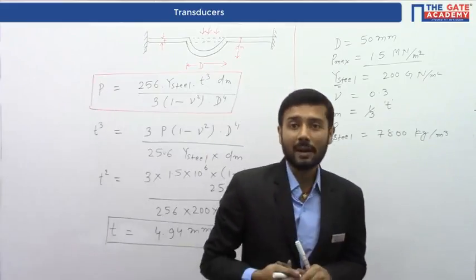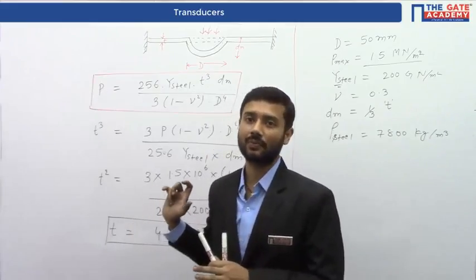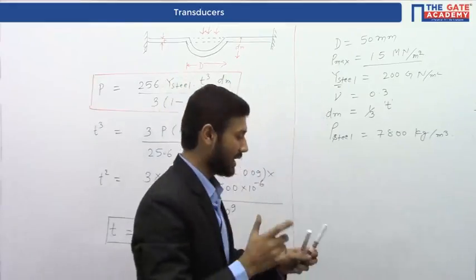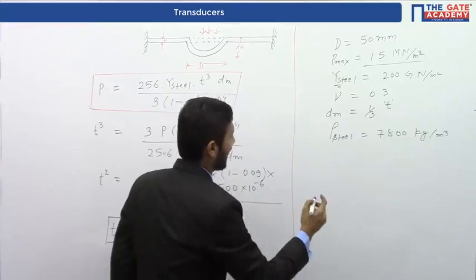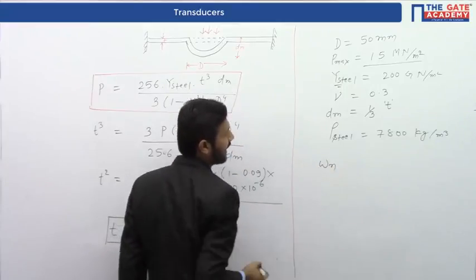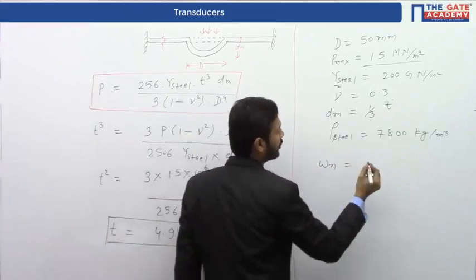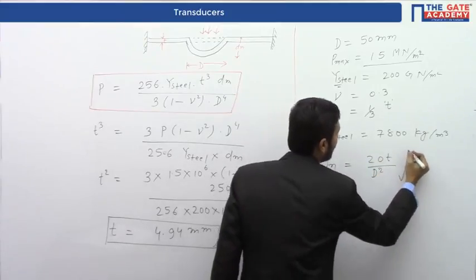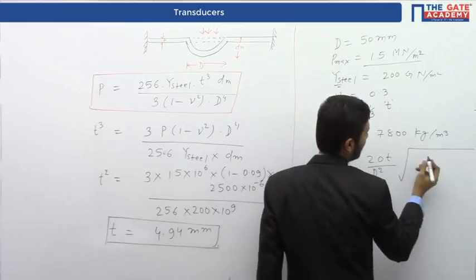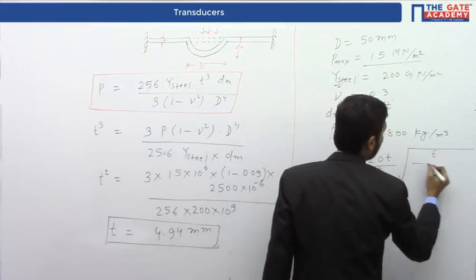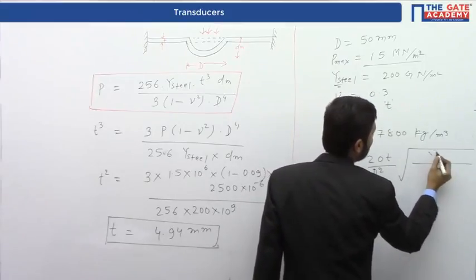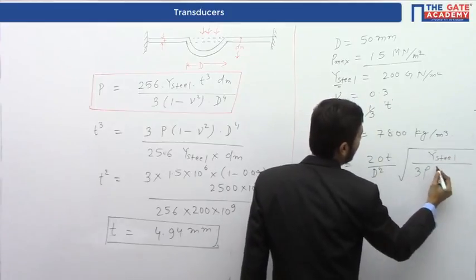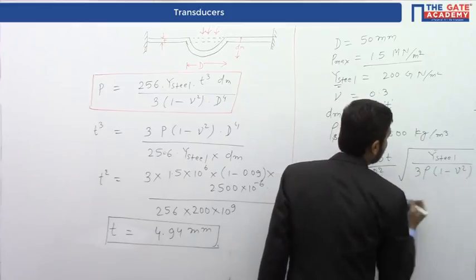Now we have to find the natural frequency at which this diaphragm will oscillate. The natural frequency omega n is equal to, we know the formula, 20t divided by d squared, times the root of E divided by 3 rho (1 minus v squared), where E is nothing but Y of steel.